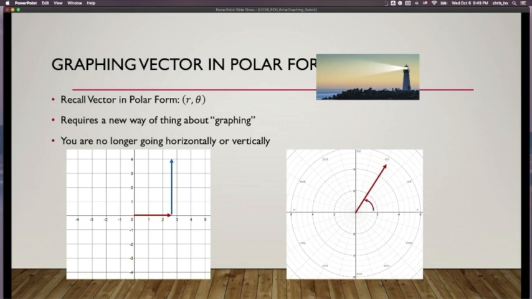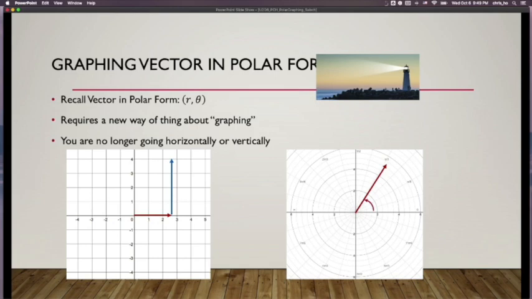So you cannot move right, left, up, down, but all you can do is rotate and decide how far you want to shine your beam. And that's basically what a polar vector says. You have r, which is the length of your light beam, if you will, and then theta is the angle that you rotate from the positive x-axis.